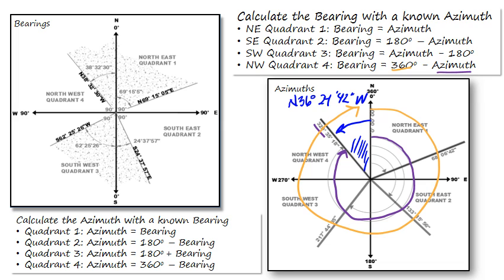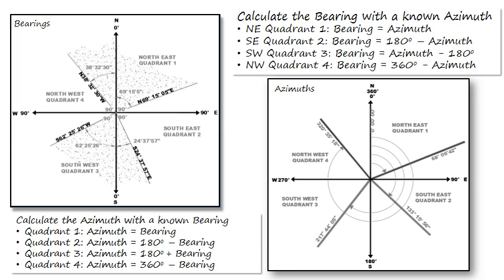So remember, bearings are no greater than 90 degrees. They go 0 to 90, 0 to 90, and they're always off of the south line or the north line, moving east or west.